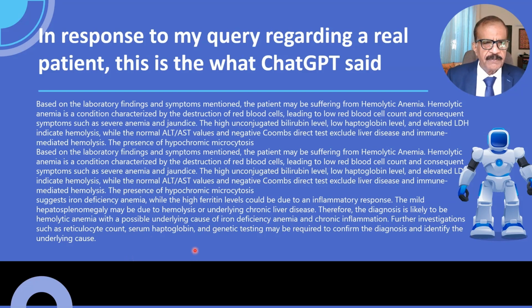Based on the laboratory findings and symptoms mentioned, the patient may be suffering from hemolytic anemia. Hemolytic anemia is a condition characterized by the destruction of red blood cells, leading to low red blood cell count and consequent symptoms such as severe anemia and jaundice. The high unconjugated bilirubin level, low haptoglobin level, and elevated LDH indicate hemolysis, while the normal ALT/AST values and negative Coombs direct test exclude liver disease and immune-mediated hemolysis.